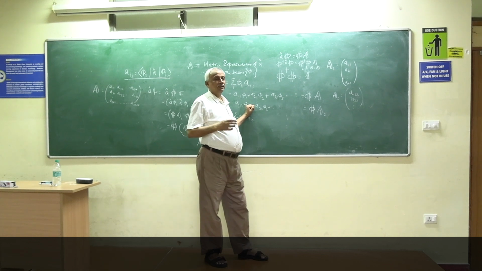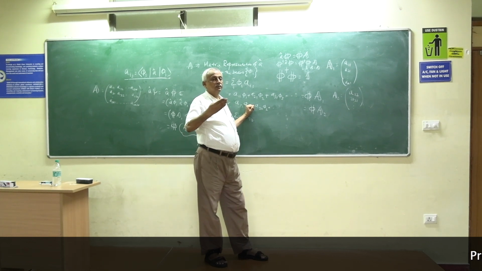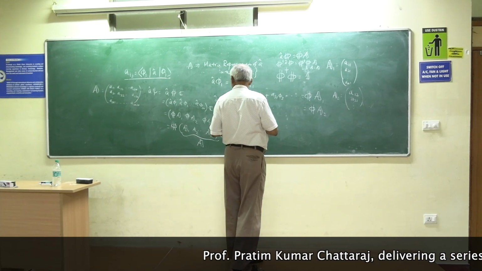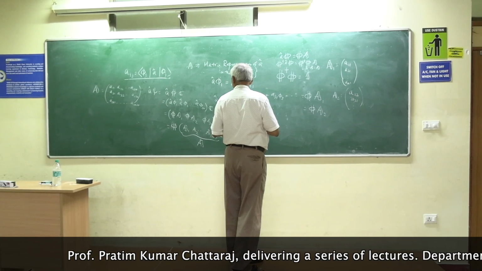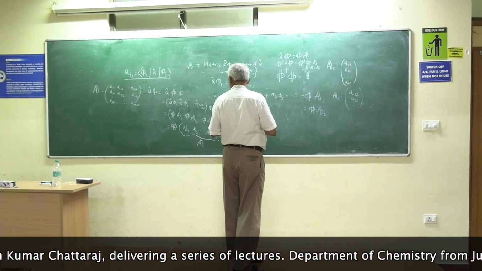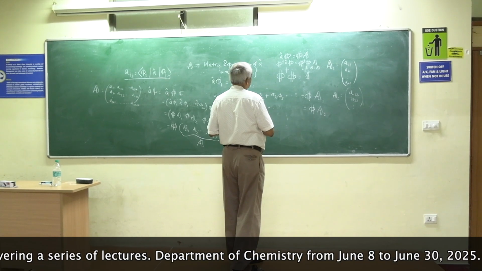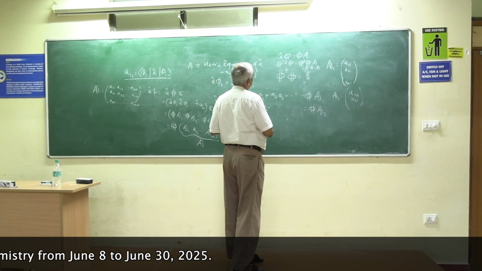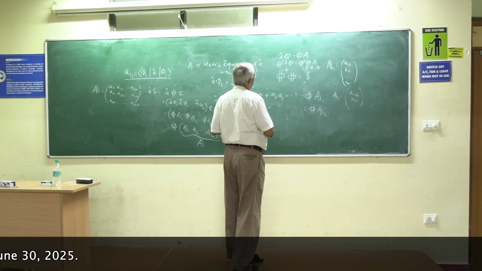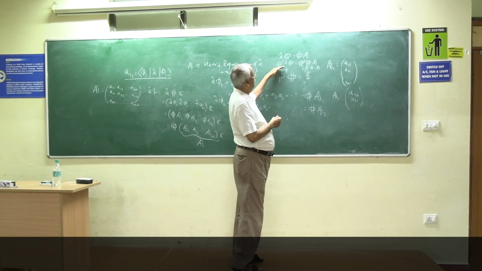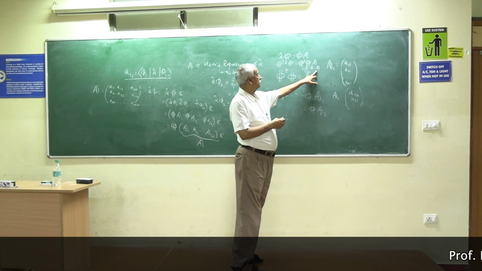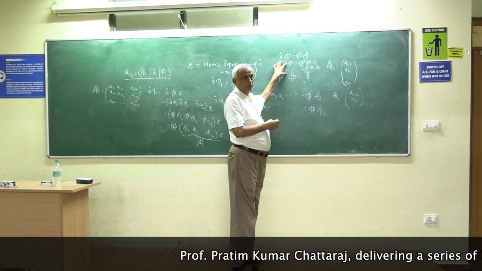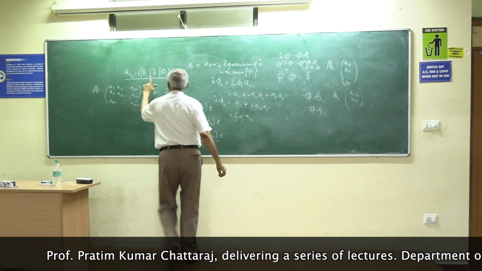And as I told you, when I write this phi dagger A phi as A, basically it's a matrix definition of this.